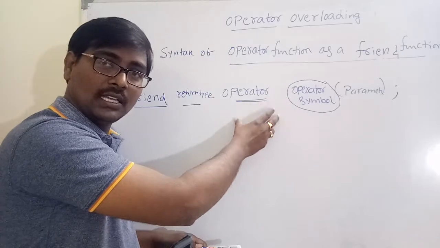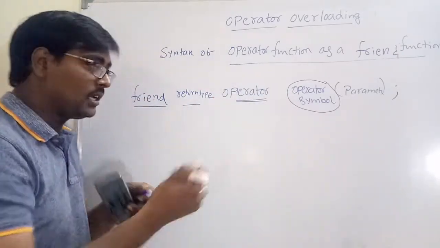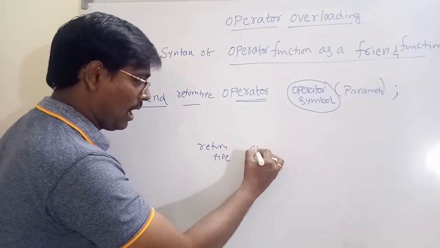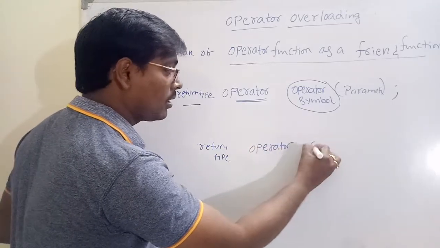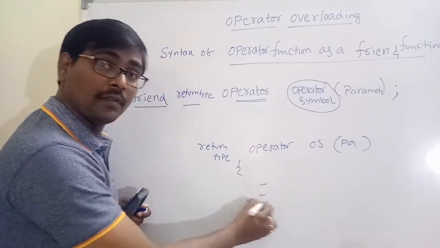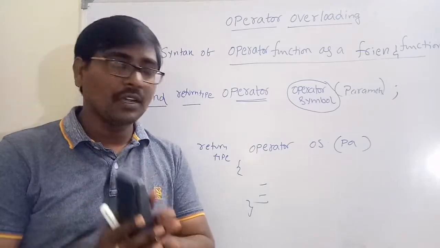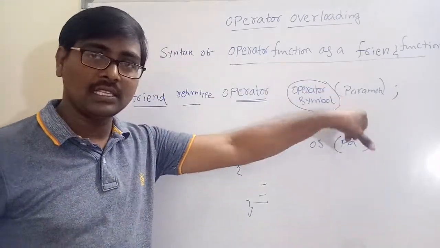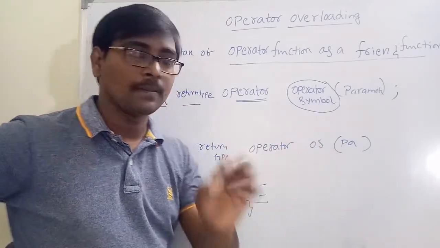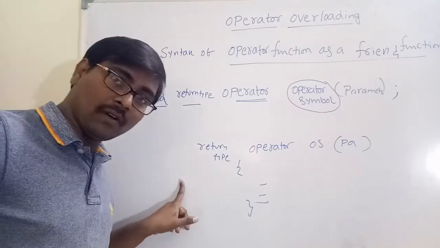Outside the class we simply write the return type, operator, operator symbol, any parameters, and the definition. If you are using a friend function, it is declared inside the class and the definition is provided outside the class. The keyword friend is used at the time of declaration, not at the time of definition.